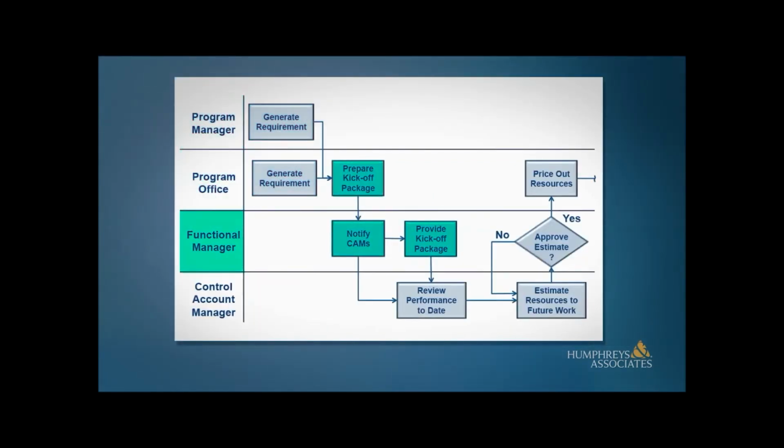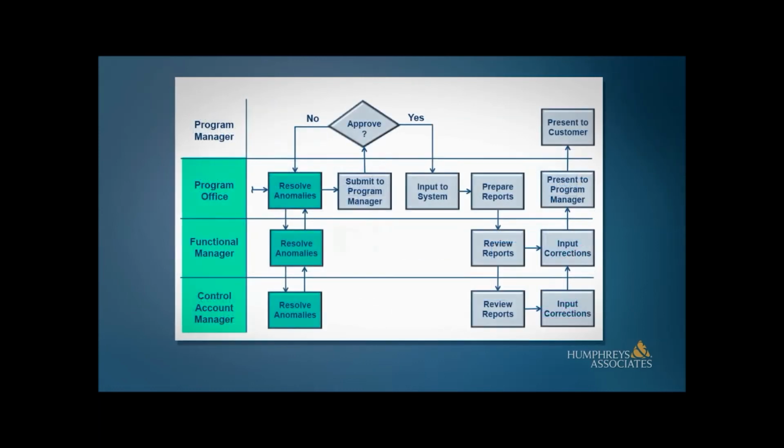The project office puts together a kickoff package that has all the assumptions, such as schedule and rates to be used. The IPTs and CAMs prepare resource estimates and review these with their functional managers. The project office prices out the resources, and together with the CAMs, IPTs, and functional managers, resolves any anomalies or disconnects.